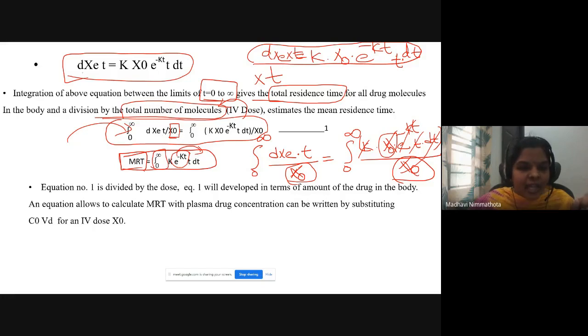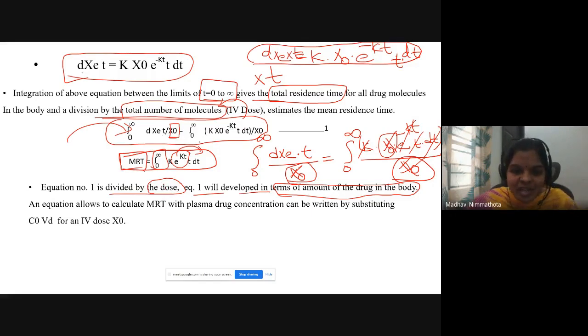And this is called equation 1, right? This equation 1 is divided by the dose. Then equation 1 will develop in terms of the amount of the drug in the body. So when you divide this equation by the dose, we are taking all the drug molecules at a particular dose, right?